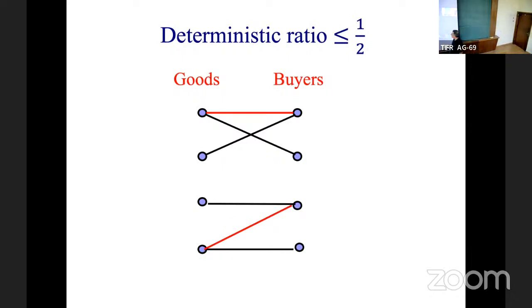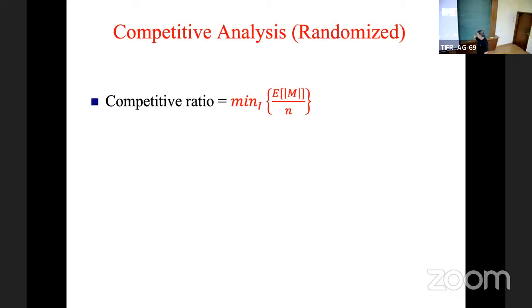Okay, so then to do better, we should be using randomization. The deterministic is stuck at a half. So then the definition of competitive analysis changes to the following, where we look at the expected size of the matching produced by our algorithm over the randomization that it uses, divided by n.